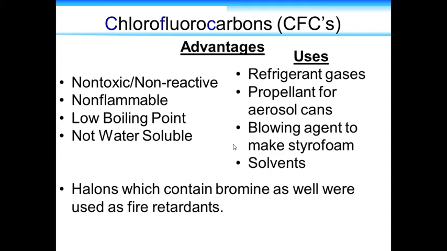And then halons, which are similar to CFCs, also contain bromine in addition to chlorine and fluorine, and can be used as fire retardants. So a lot of uses, many advantages. And this is a picture of a halon. You can see the structure is very similar to the two types of Freon we saw in the previous slide.